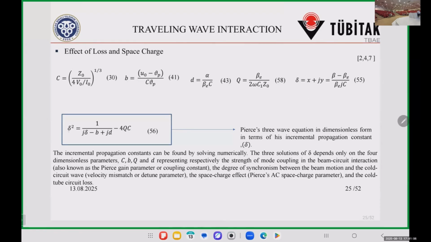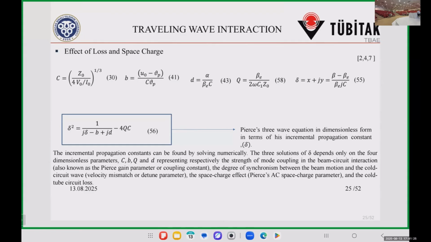So this is the Pierce three-wave equation in dimensionless form in terms of his incremental propagation constant. This is the incremental form. We can solve this equation numerically.